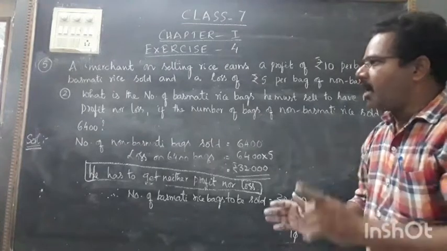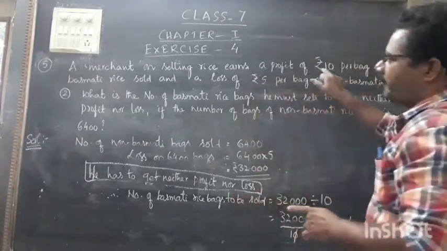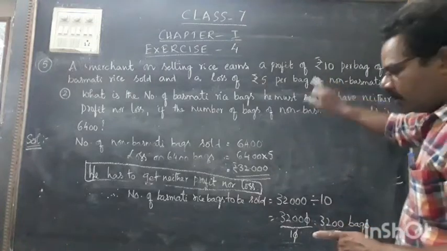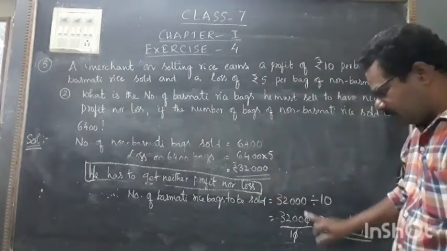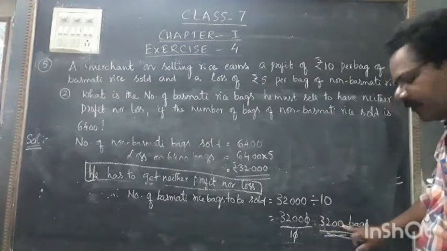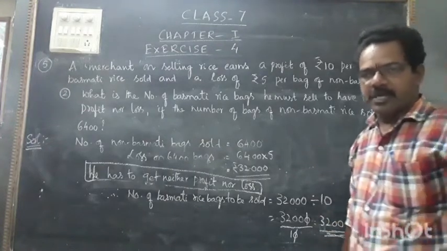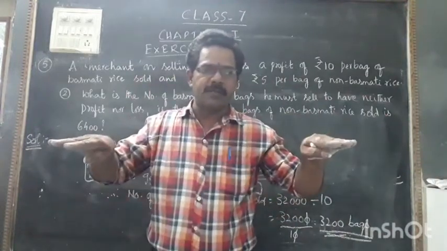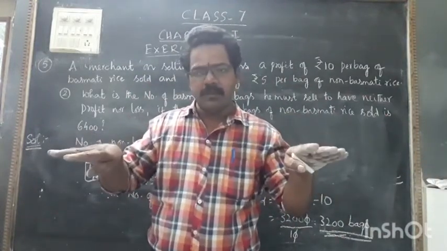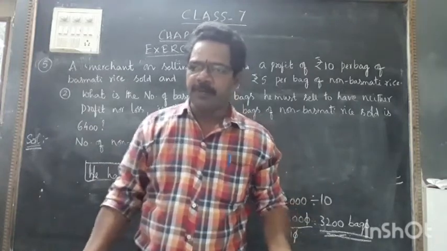From each bag of basmati rice he has a profit of 10 rupees. So 32,000 rupees divided by 10 rupees is equal to 3,200 bags he has to sell for getting neither loss nor profit. Both profit and loss will not be there. That means finally it will become 0.